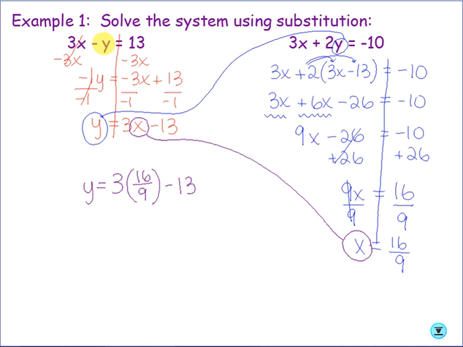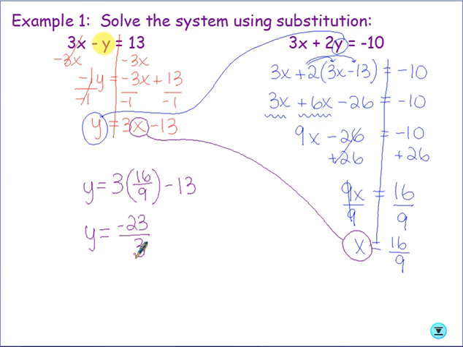Your calculator does the hard part. 3 parentheses 16 divided by 9, close parentheses, minus 13. Now again, you probably got an ugly decimal. So all we have to do is hit math, enter, enter, and you get negative 23 over 3.